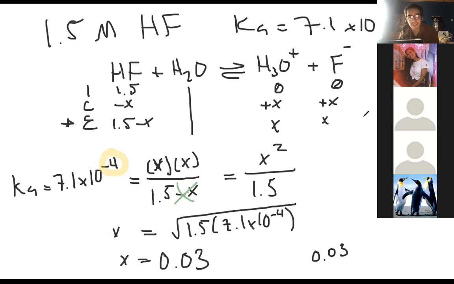So let's see. To find the pH, we will just take the negative log of our concentration of H. So what is our pH in this case?